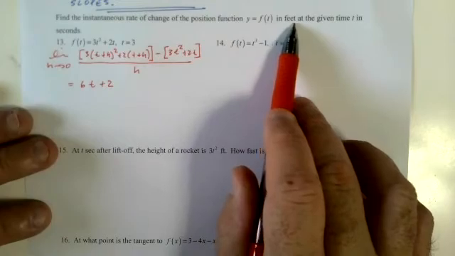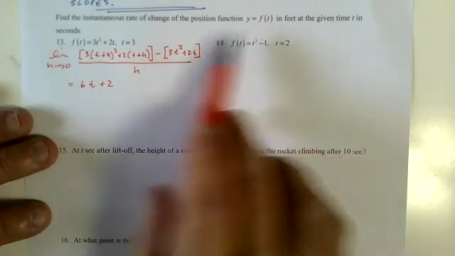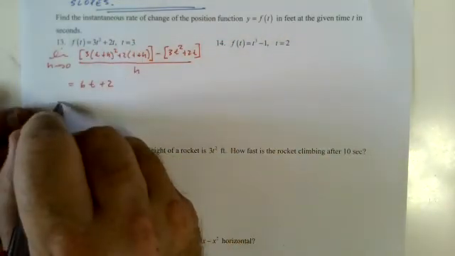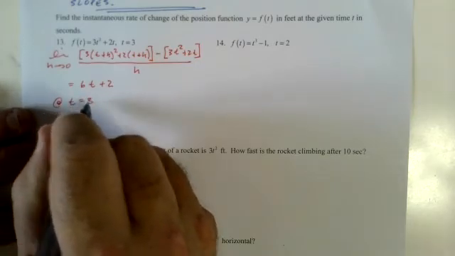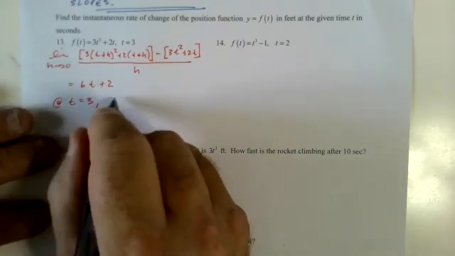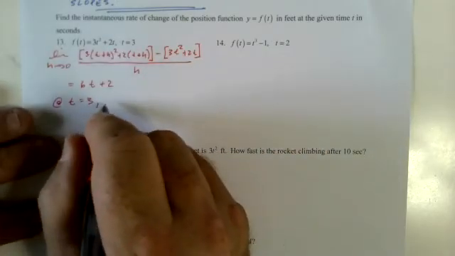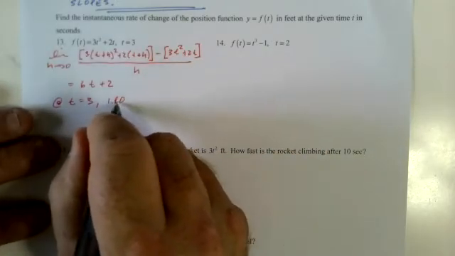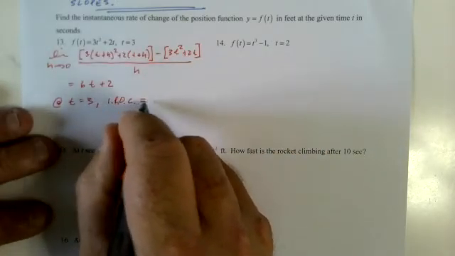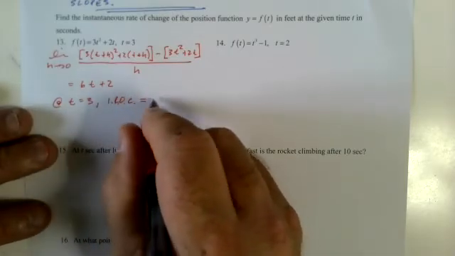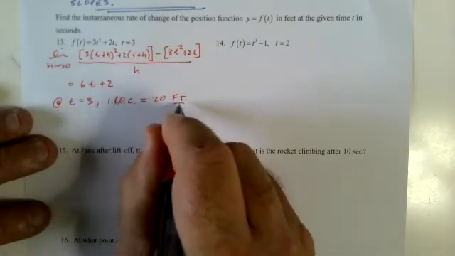This seems like it's written wrong. It's just saying the function's in feet and the time is in seconds. All right, it says that t equals 3. At t equals 3, we would write it as, I guess we'll go with IROC. 6 and 3 is 18, plus 2 is 20 feet per second. Notice they gave us units, so we give them back.